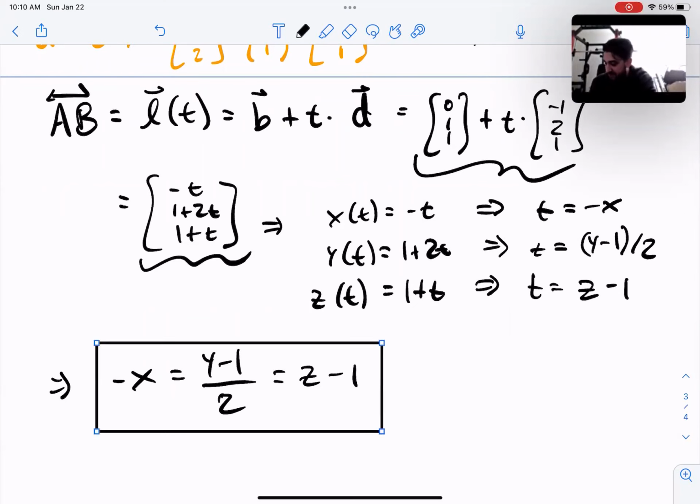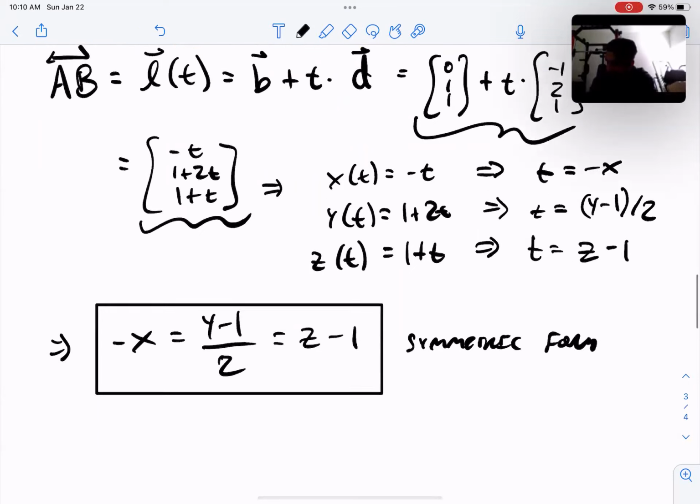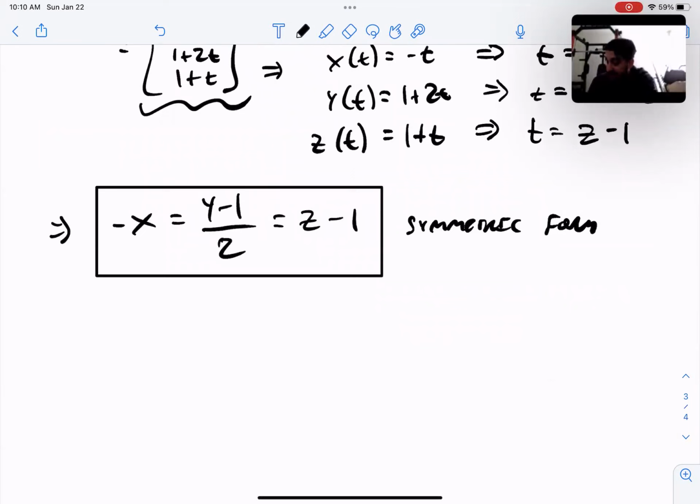That's our symmetric form, so that's our answer in symmetric form for this line. And notice this looks like how you'd want it to look, right? If you want to be a little more specific about it, you could put all the placeholders in.